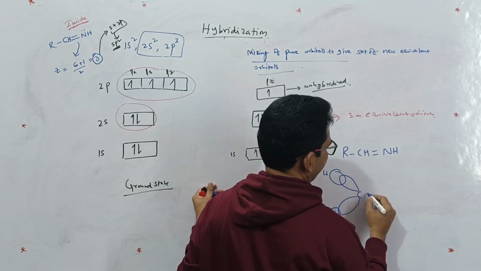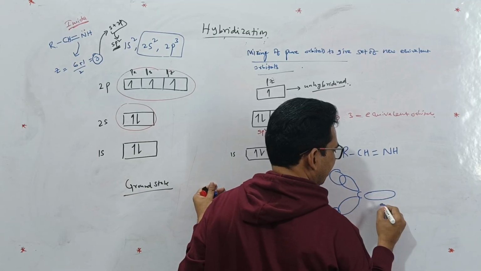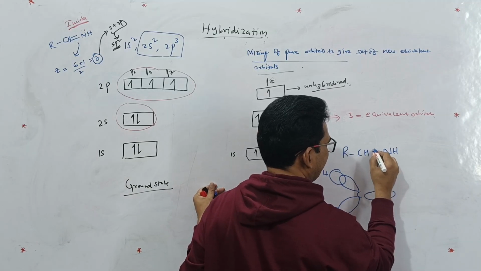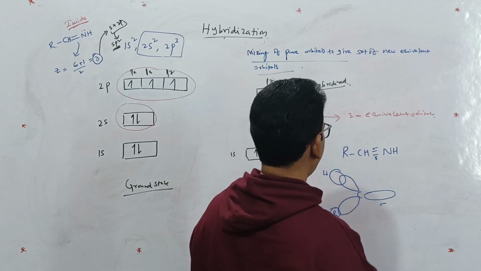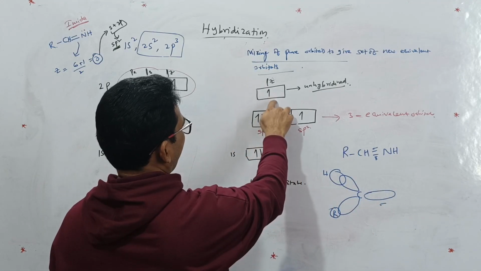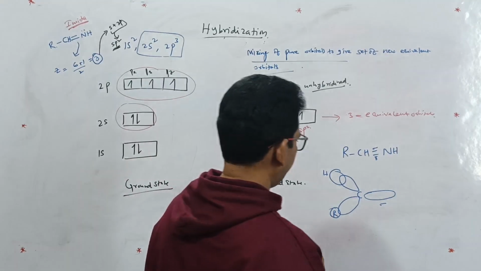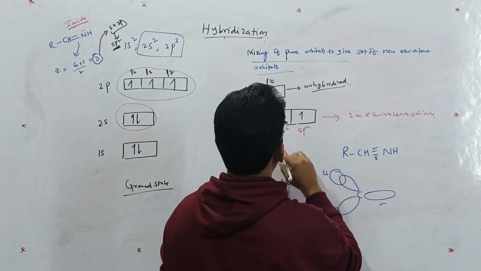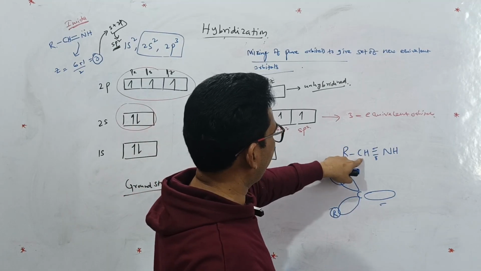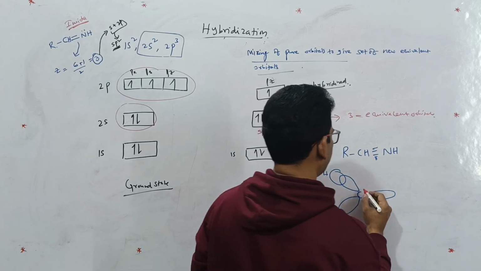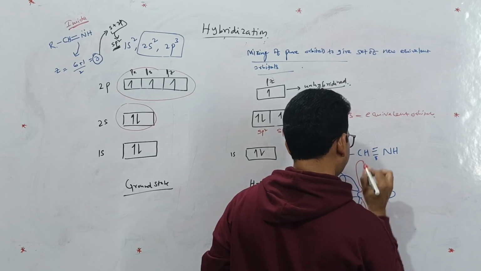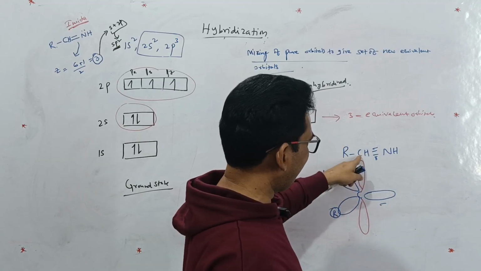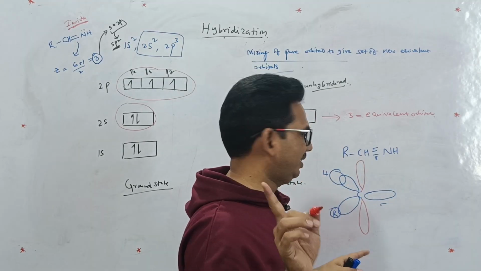It has one sigma bond and another one is the pi bond. That pi bond means one orbital remains unhybridized, in both the carbon and the nitrogen. That's why I will write here, this is unhybridized. And the carbon has no lone pair of electrons.